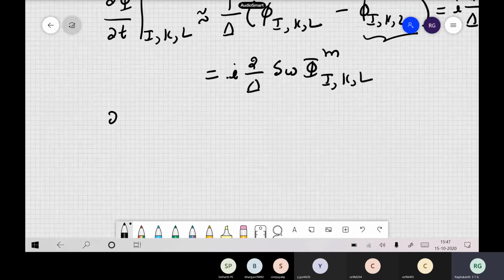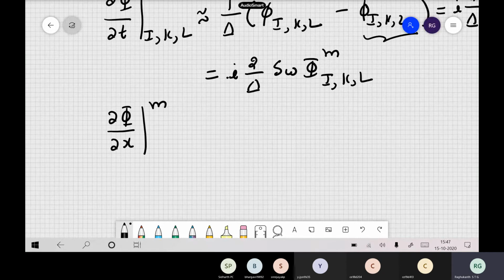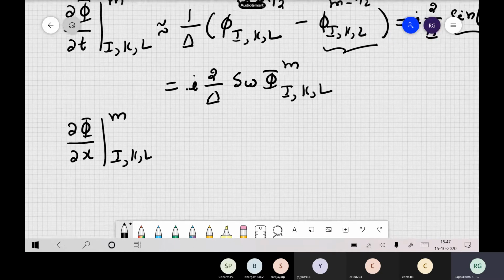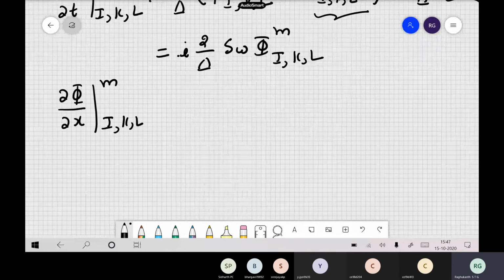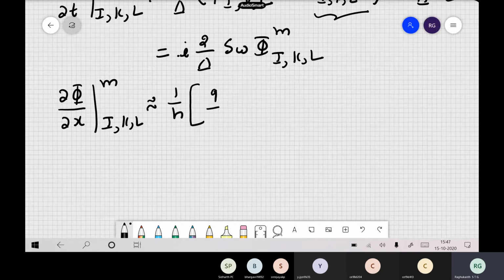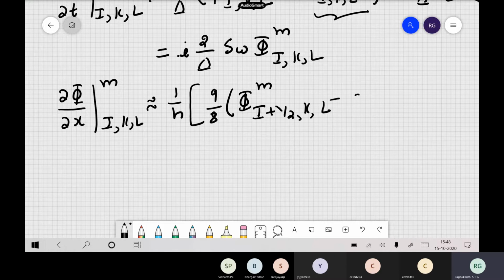Okay. Now similarly, with respect to space also. So m I K L. Now I am using a 2,4 scheme. So for the time domain I am using a second order scheme, but in space we are using a fourth order scheme. So the fourth order spatial derivative will be like this: 9 by 8, φ m at I plus half, k and l, minus φ m at I minus half, k comma l.